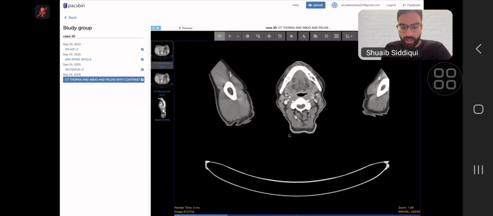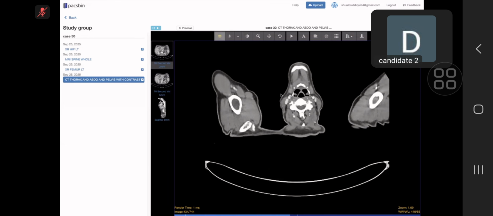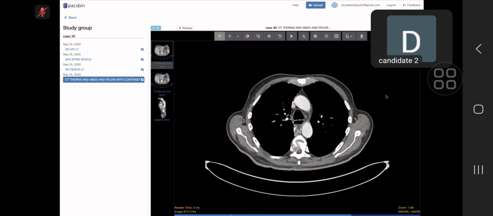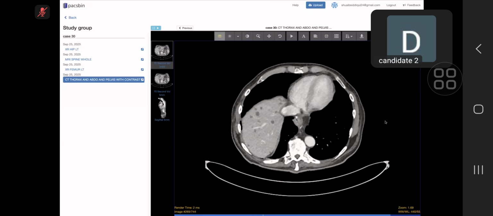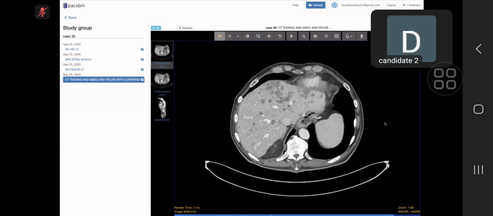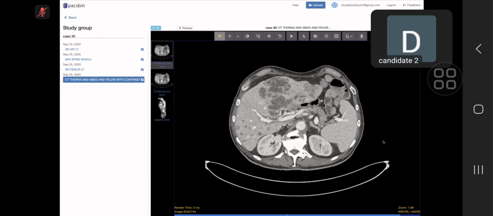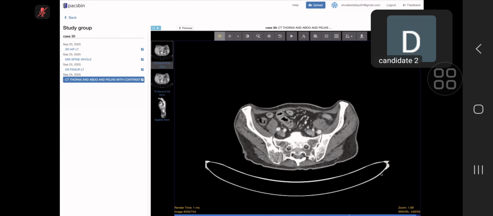Here you go. You can scroll through. This is a CT for neck and chest. I can appreciate that there are multiple hypodense lesions within the liver. I will go down just to complete the cuts and then I will comment.